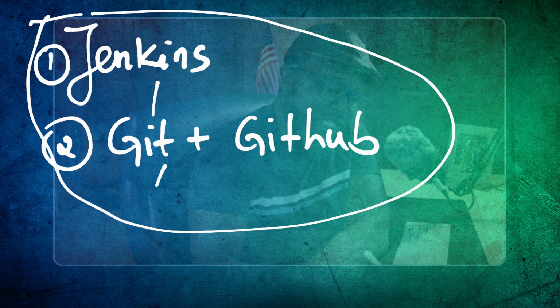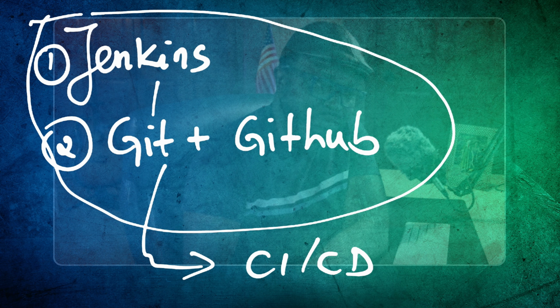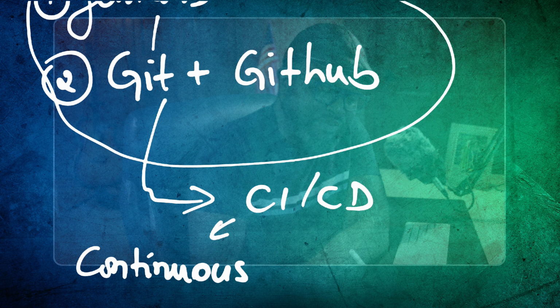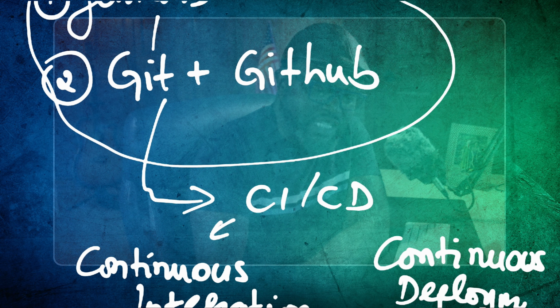Jenkins is what we refer to as a CI and CD tool. CI stands for continuous integration, and CD stands for continuous delivery or deployment. So that would be what you need to know.